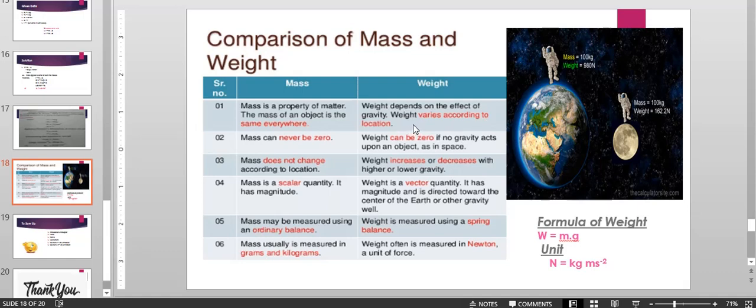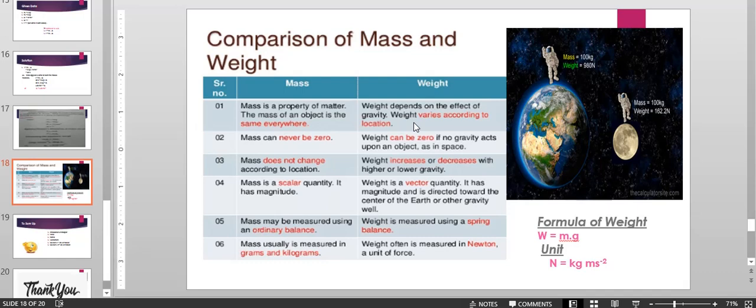If you measure your body weight in Quetta you will find one reading, and when you measure in another place, let's say Islamabad, your weight will be different. Why? This is because of gravity.